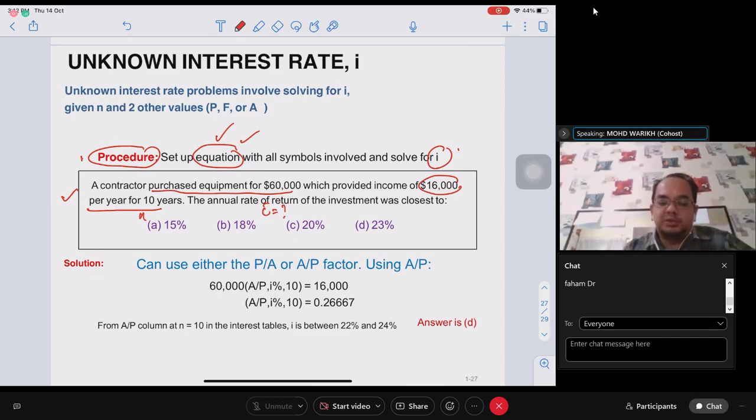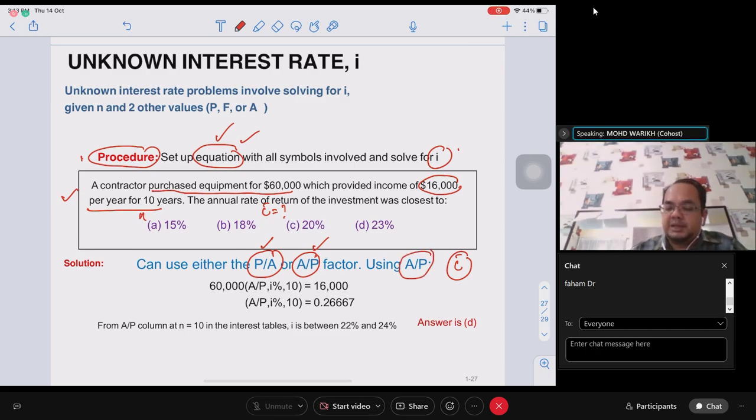You can use P over A or A over P. There's no problem because we have to find i. But make sure that the formula is used the correct way. If you use P over A, make sure the formula is correct, or A over P, the formula is correct. So in the example here, we're using A over P.